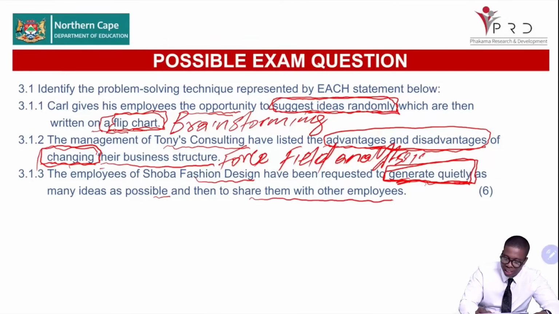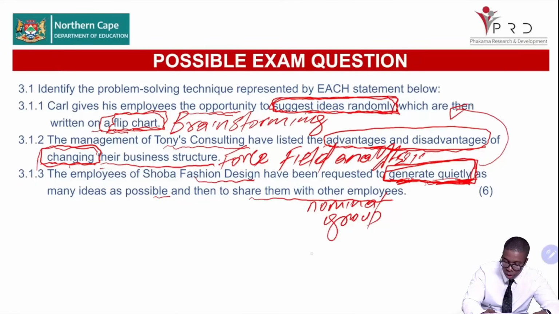Then you know this is a keyword, because it helps you to differentiate nominal group technique from brainstorming. With brainstorming, ideas are suggested randomly, meaning they are not quietly suggested. So then this becomes nominal group technique.